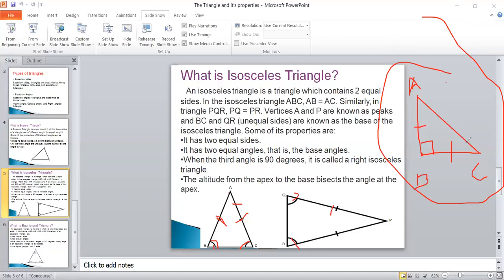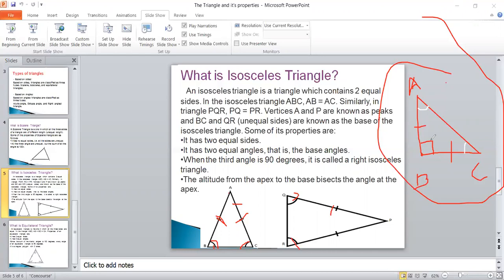And the opposite angle of BC is angle A. So definitely, if AB is equal to BC, then angle A will also be the same as angle C. These are the first two angles, and then angle B, the remaining angle, is the third angle.